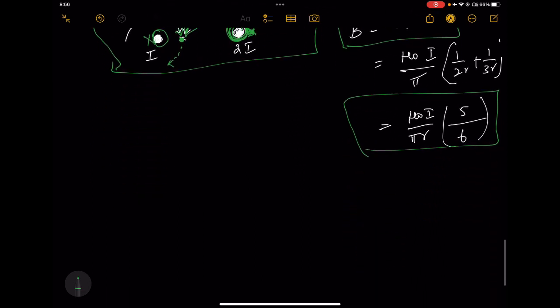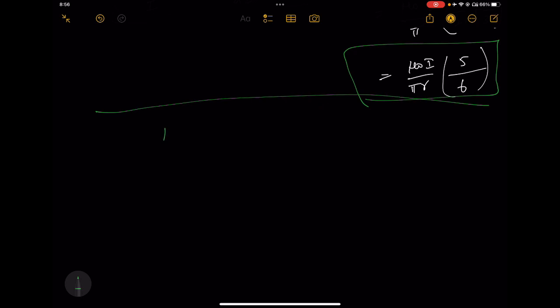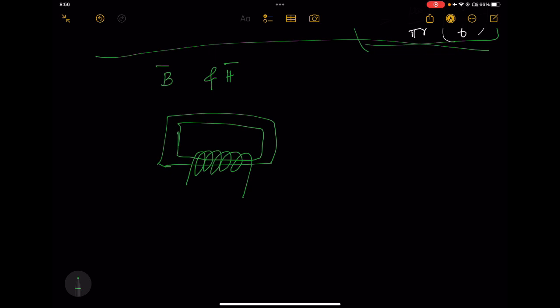Moreover, there is one point that I would like to add here. What is the relation between B and H? The practical understanding people say goes like this. If you have a current carrying conductor wound on a core, there are different types of core. Say there is a ferrite core, a ferromagnetic material.